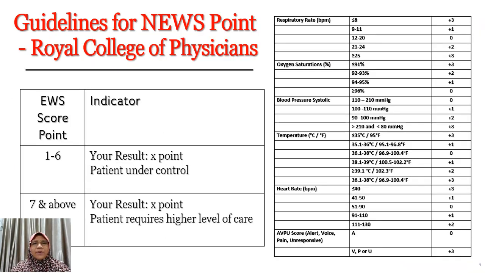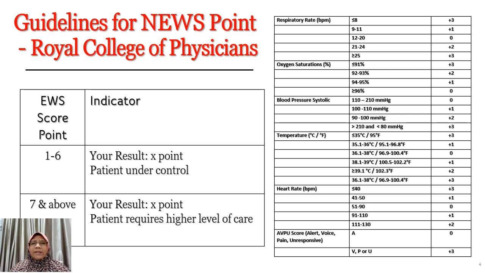The guidelines for the NEWS point score, as described by the Royal College of Physicians, include a weightage of certain values of a score indicating the patient is healthy, and a certain range of values that requires the patient to have a higher level of care.